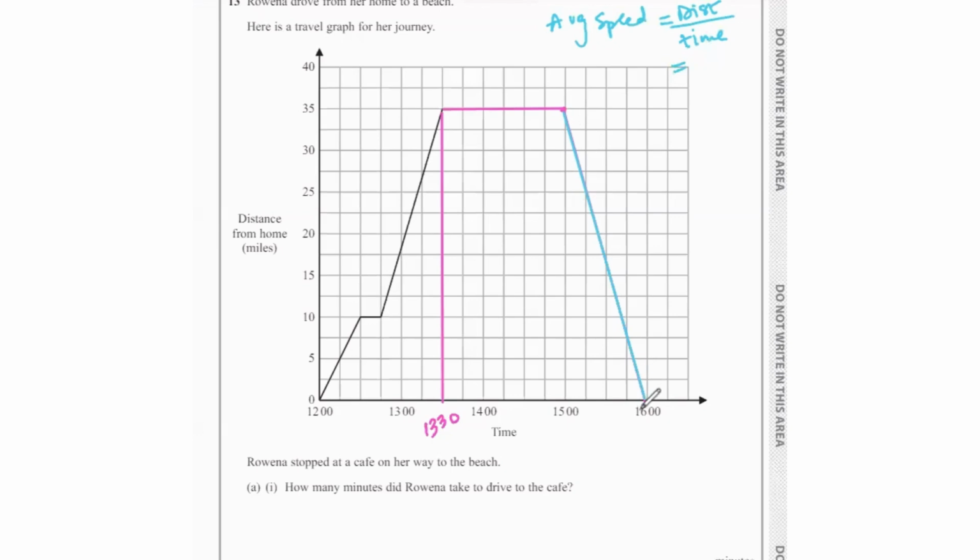Distance is 35 miles, and time is 1 hour. So that's going to be 35 miles per hour. That is your average speed from the beach to her house.